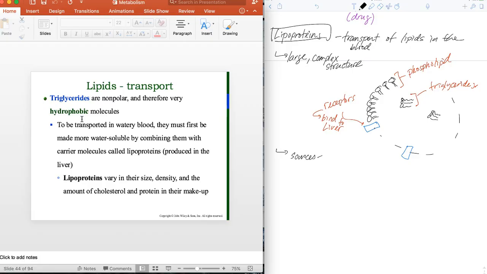Sometimes I'll use the term exogenous. And what that means is that they're coming from the diet. Versus if it's endogenous, endogenous means that it's going to be produced by the liver.